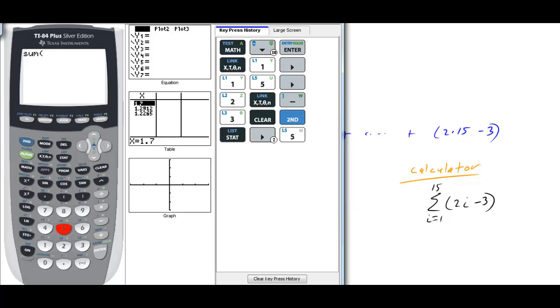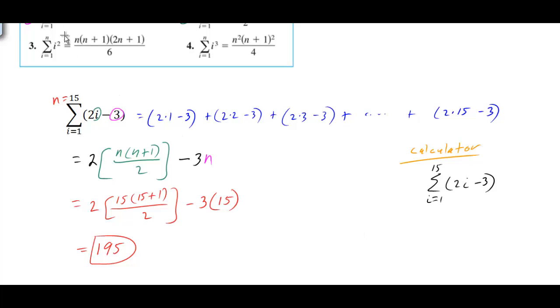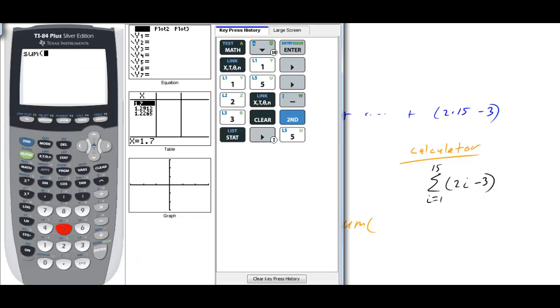Okay, so then on the screen you're going to see sum with parentheses. Okay, then you're going to hit second function stat, scroll over to ops, and this time you're going to hit number 5 again, but this is sequence.